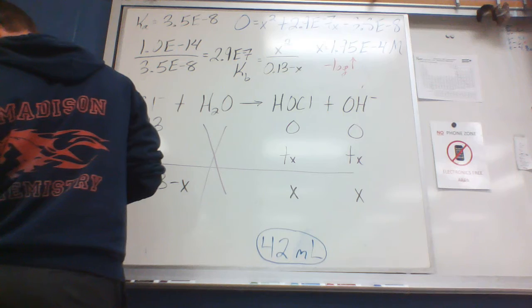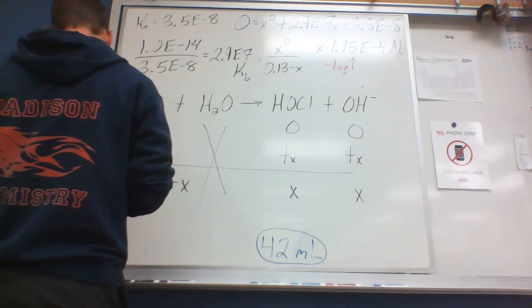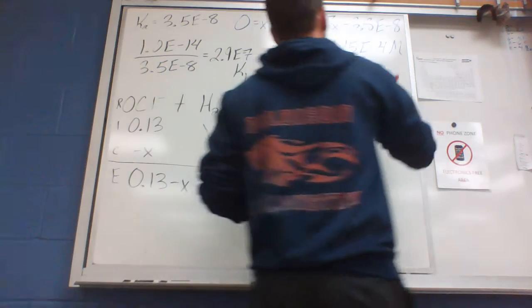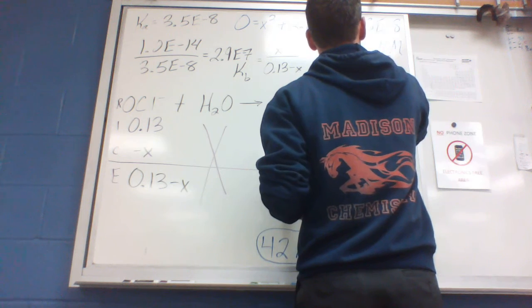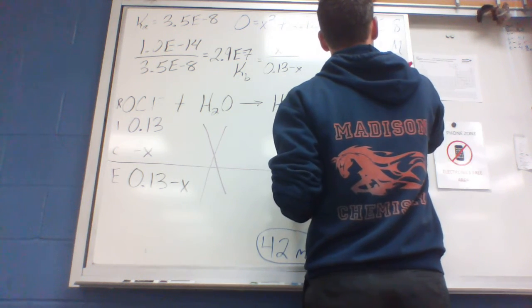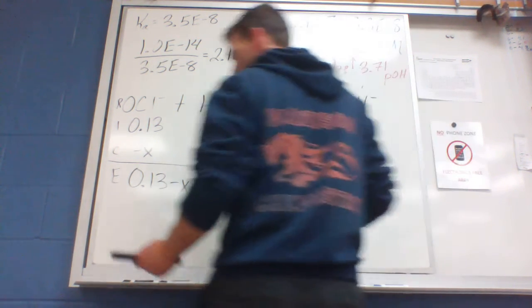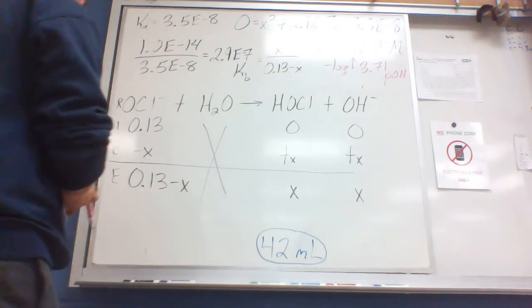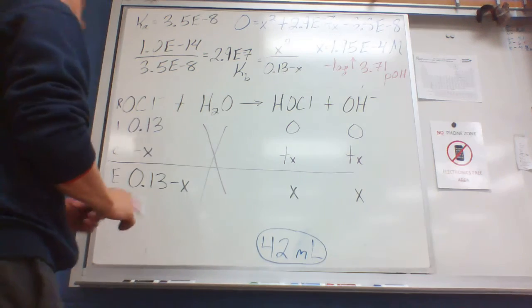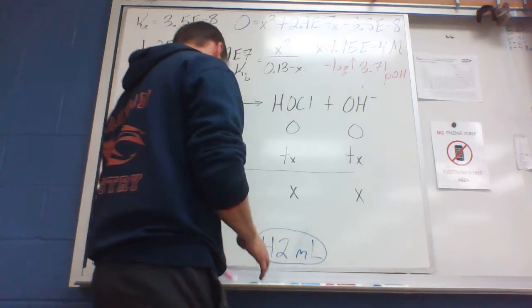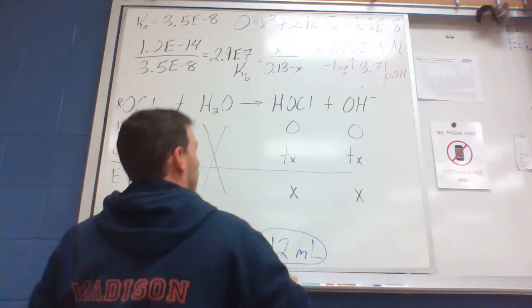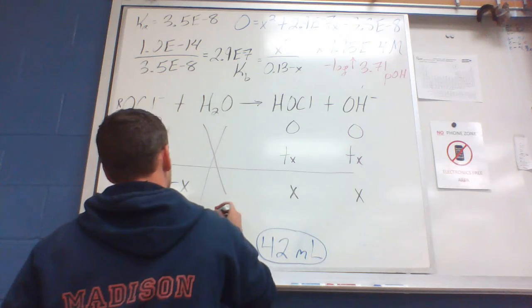I get 3.71. 3.71 is pOH. Of course, the problem wants pH, which will come out to 10.29. So we have a final pH answer then by subtracting from 14.